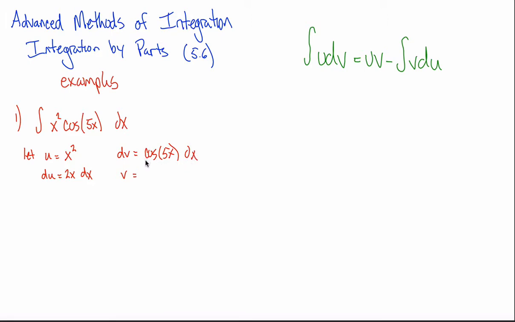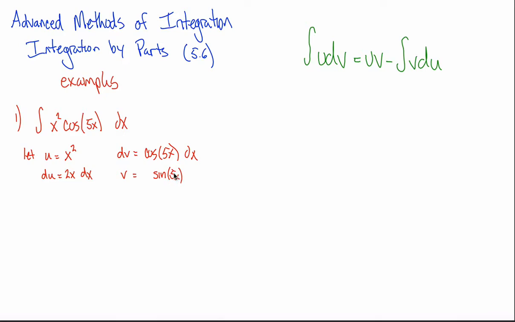So I want to end up, when I take the derivative, with the cosine of something. Remember that the derivative of sine of something is cosine of something, so it makes sense that I'm going to have a sine of 5x right here. But if I tried to make this v, there'd be a problem, because think about what happens when you take the derivative of this. I'd have to use the chain rule. The derivative of the outside function, the sine of the stuff, would turn into cosine of the stuff, but then I wouldn't be done. I'd have to multiply by the derivative of the stuff.